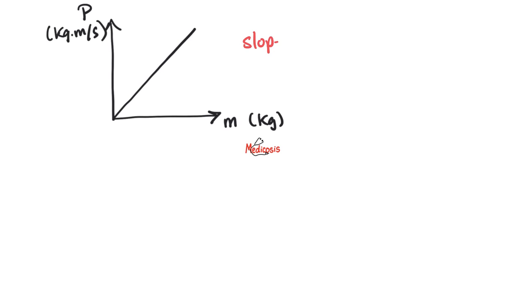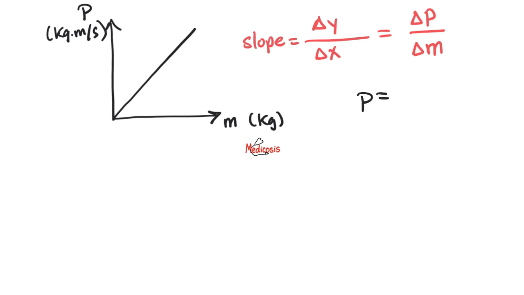As always, slope equals the change on the y-axis over the change on the x-axis. What is the y-axis? Momentum. And what's the x-axis, please? Mass. Oh, so it's momentum over mass, basically. Exactly. Momentum over mass is what? Well, you might recall from the first law that momentum is mass times velocity.